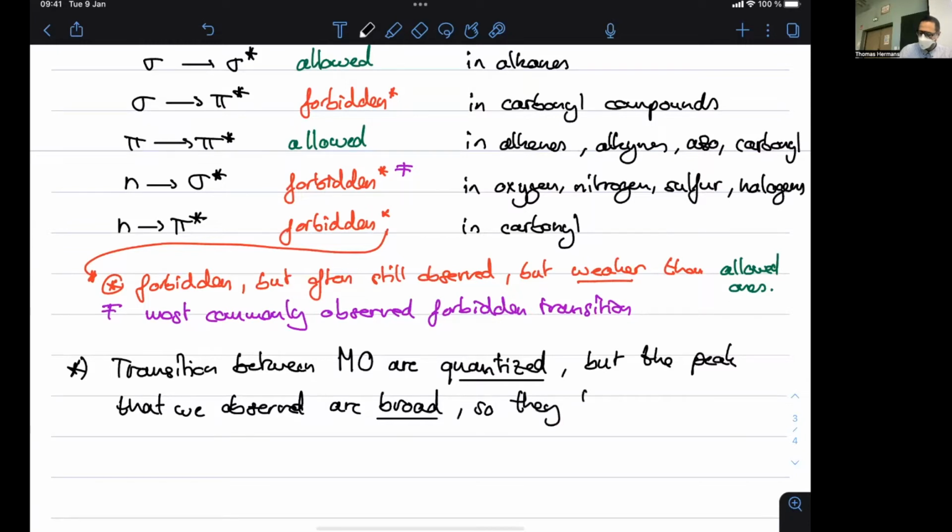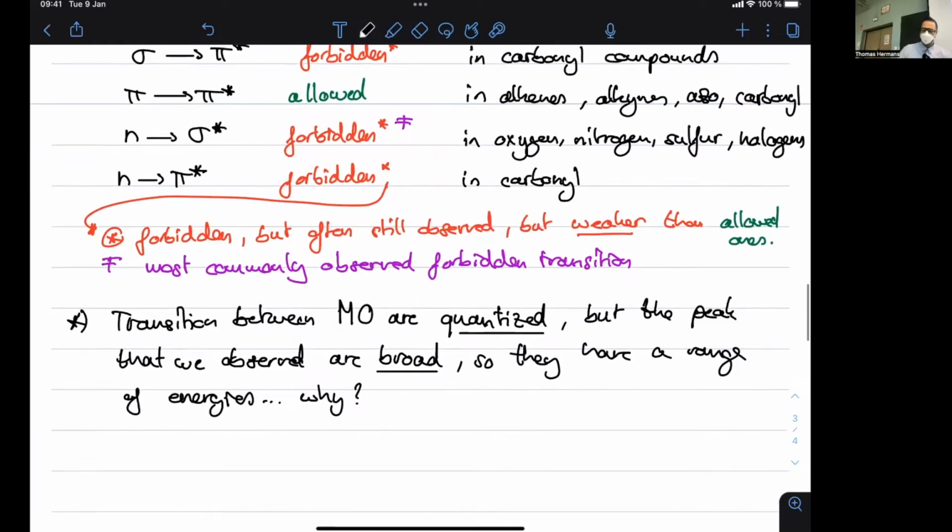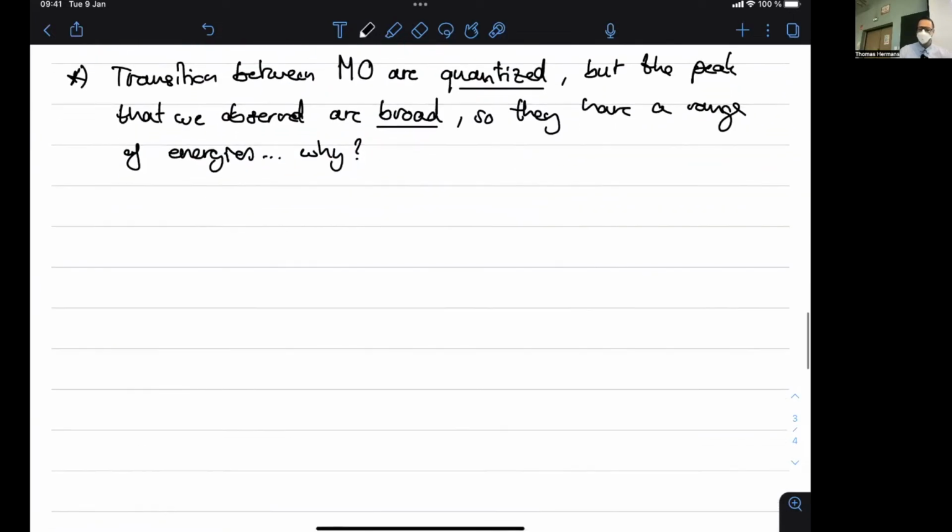So they have a range of energies. Why? So why don't we see infinitely sharp peaks in the UV-vis absorption spectrum? Okay, let's try to draw that. So here we have energy.